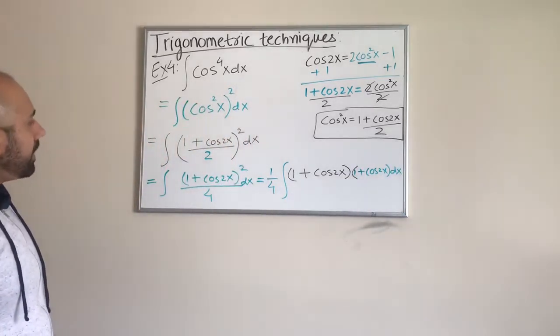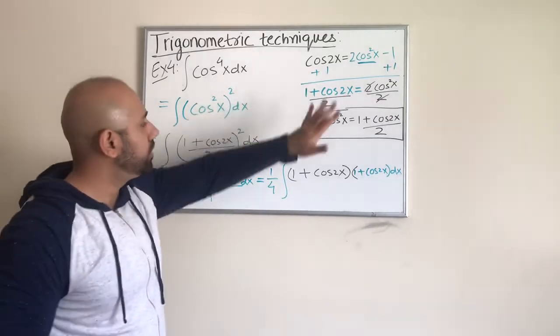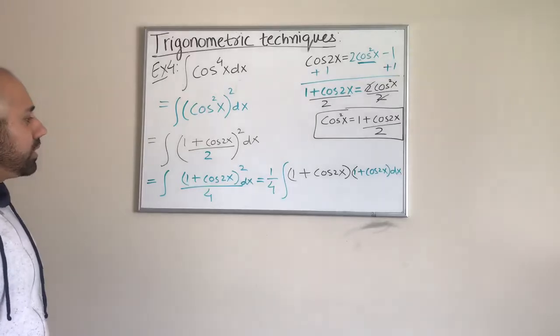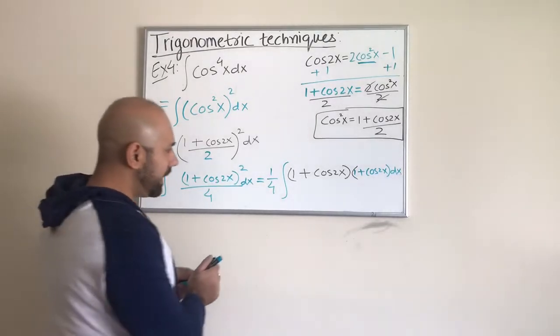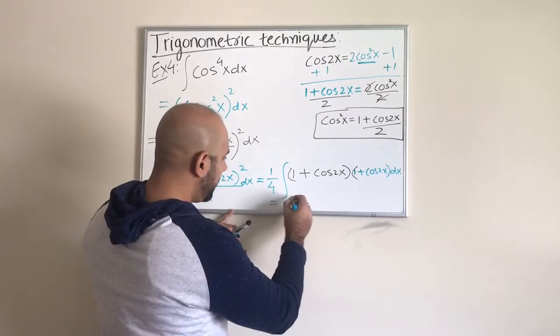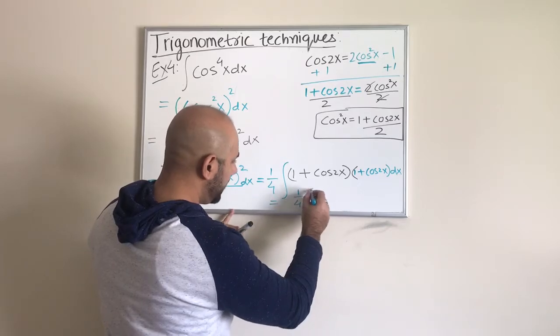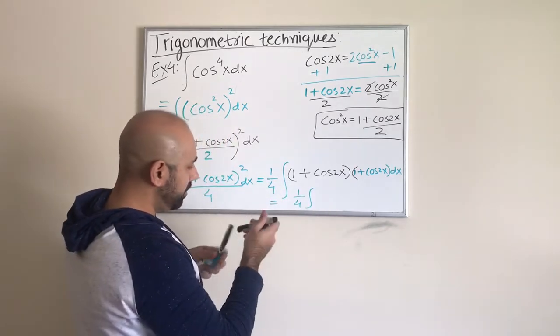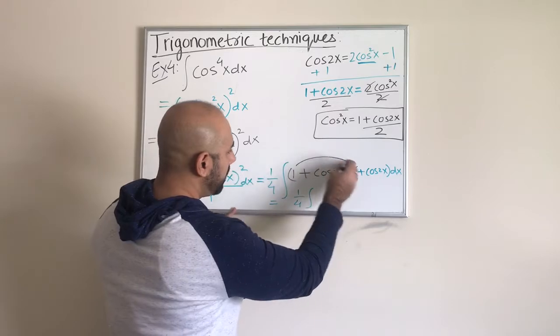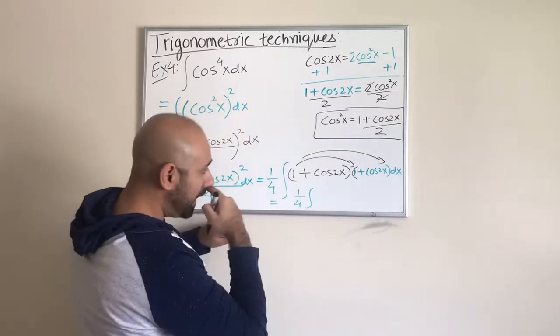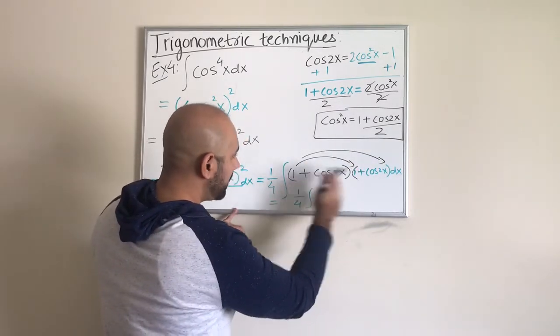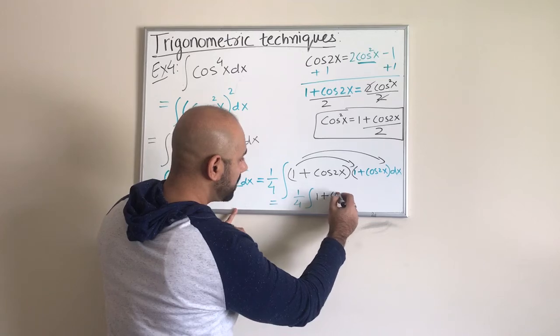Okay, so I'll have to get rid of this stuff so that we can finish the whole thing. But guys, there's probably one more step that I can do here. So let us squeeze in this much, 1/4 integral. Let us go ahead and distribute this. So 1 times 1 and all that, so you know how to do that. 1 times 1 is 1, then 1 times cosine 2x is cosine 2x.